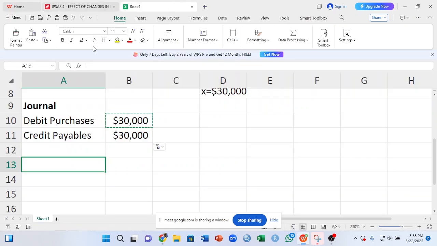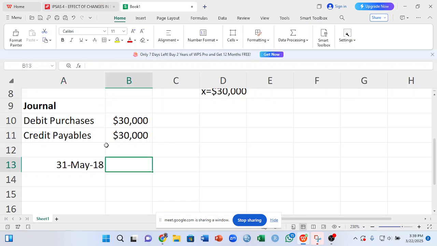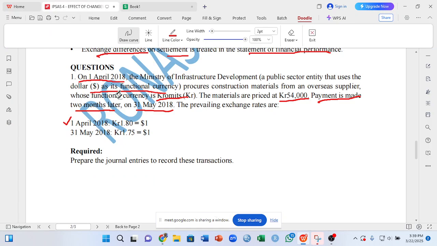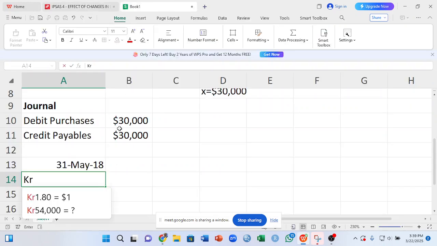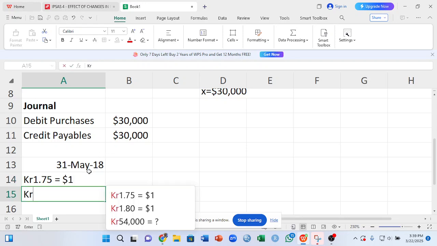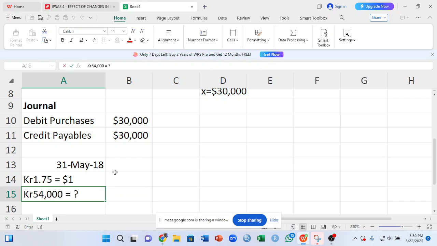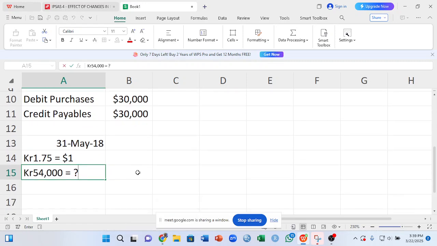So how do we go about it? The date that we are focusing on is 31st May 2018. On that date, we're given an exchange rate of 1.75 to $1. So we'll use that. Then we'll convert our original amount. Remember our amount was 54,000.